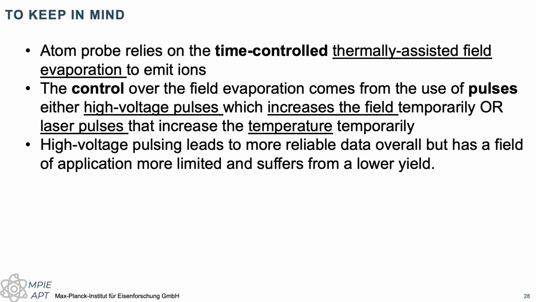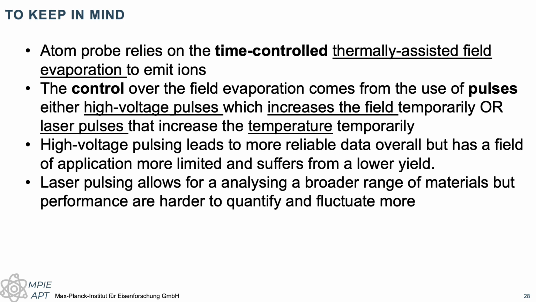Typically, high voltage pulsing leads to more reliable, more reproducible data, but suffers from a lower yield because the field being higher, the electrostatic pressure is higher, and this will tend to break specimens more easily. Laser pulsing is more gentle on the specimen. You can analyze a broader range of materials, but the performance can be harder to quantify, and there are more fluctuations from specimen to specimen.